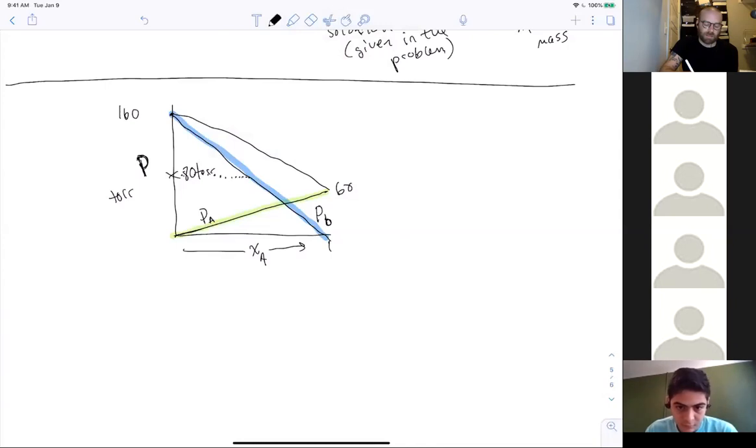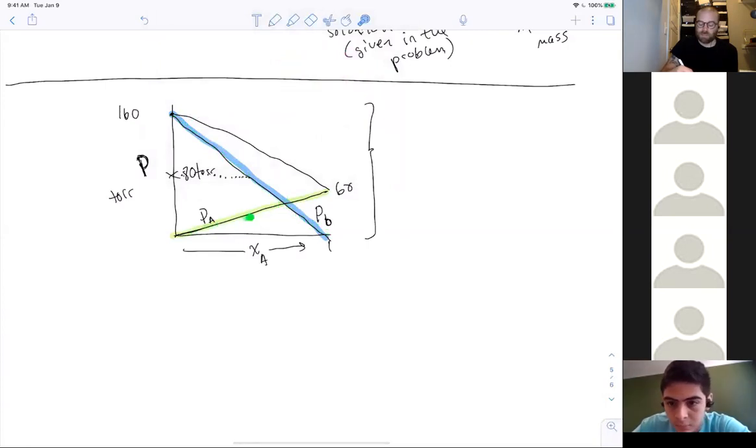Generally speaking, if you're given an unlabeled graph, the lines that intersect, the one that's decreasing is going to be B, and the one that's increasing is going to be A. Then the resulting solution will be the line that connects the point at the top and the point at the bottom.